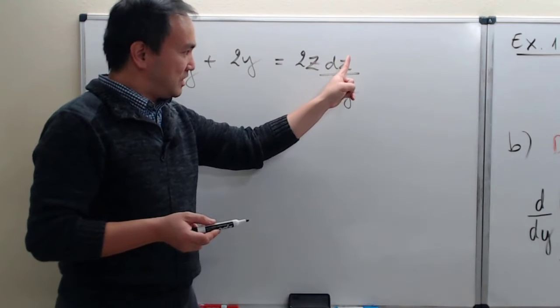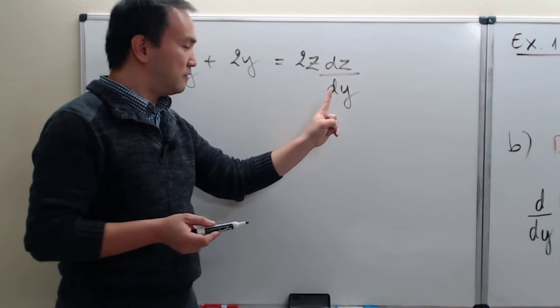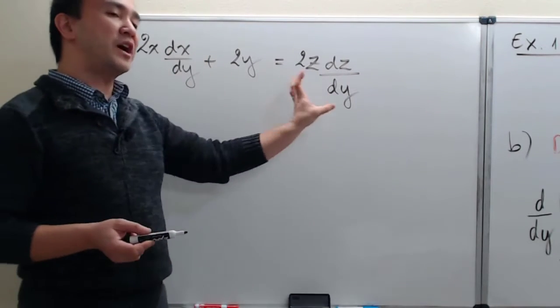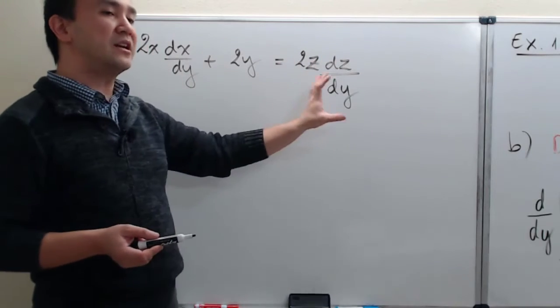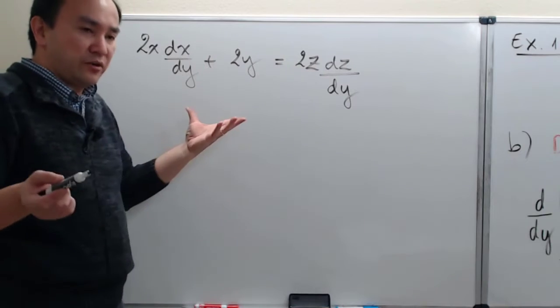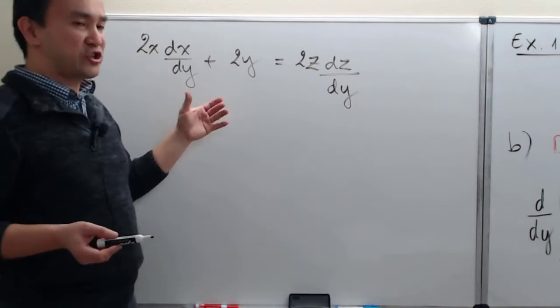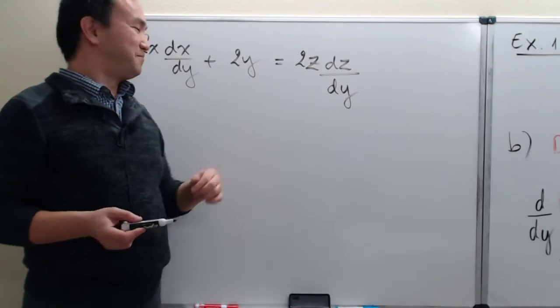But in the end, these two rates, dx dy and dz dy, are two related rates. Yes, you have your choice to cancel out that common factor, but it's not really important. We have already seen our goal here. This equation shows the relationship between the two rates.